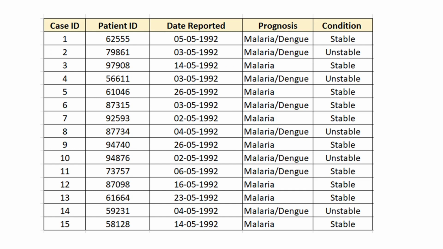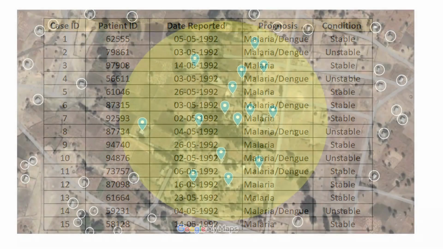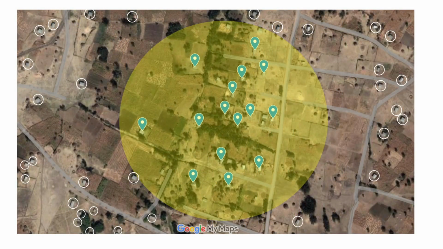So this kind of data gets visualized like this on a map, and it can help you solve problems. And this is the power of Google My Maps. This is the kind of map that Google My Maps permits you to create. You can use these in presentations and keep recording further infections, and can share this with your medical team and with people, and so on and so forth.